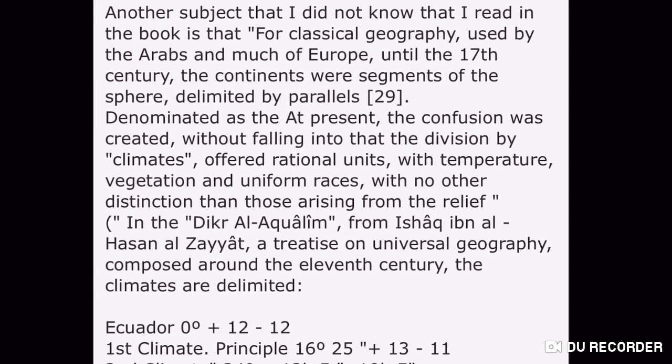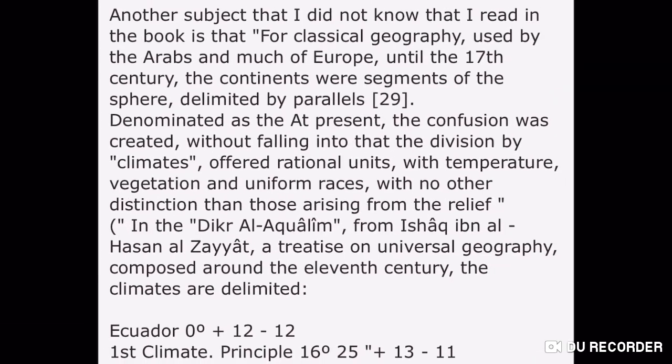The confusion was created by the divisions by climates. So the maps you get when you Google climate maps are a play on these old maps. These maps have been destroyed and replaced with new maps. We'll get into who did it and why.